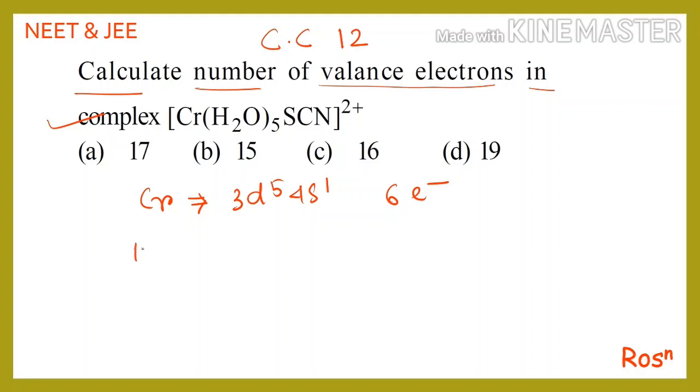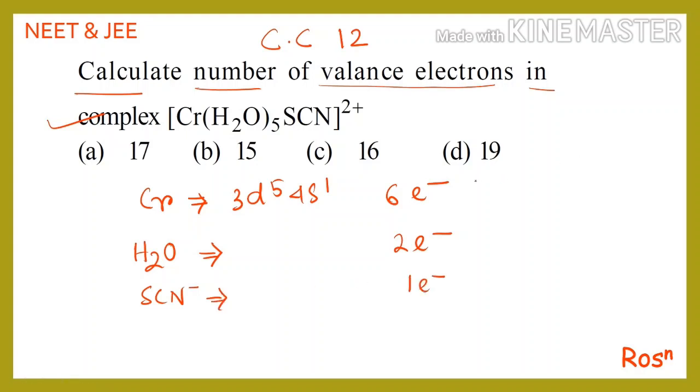And H2O is a monodentate ligand, it gives only one lone pair, so each H2O contributes 2 electrons, and SCN minus contributes 1 electron.